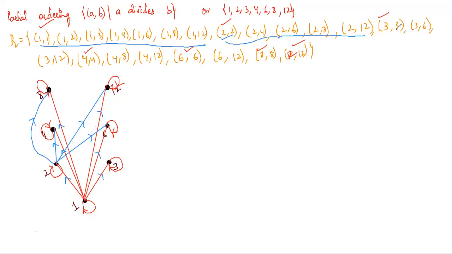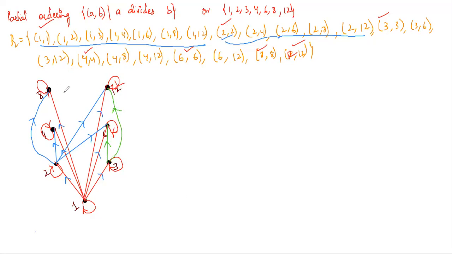Next is 3, 3, which has already been done. Next we have to take for 3, 6. For 3, 6 again upward direction. So yeah, 3, 6. Then we have 3, 12. Okay, so let's draw the direction for 3, 6 and then 3, 12. So this is 3, 6 and this is 3, 12.